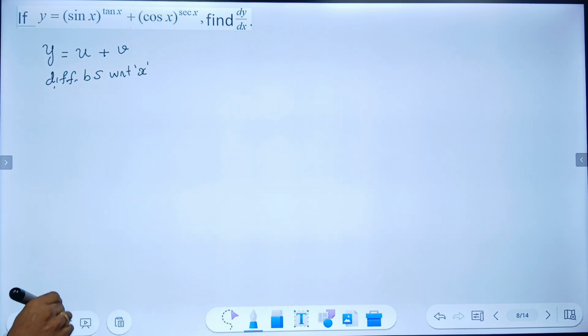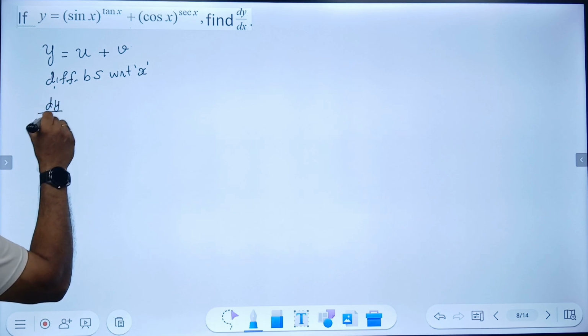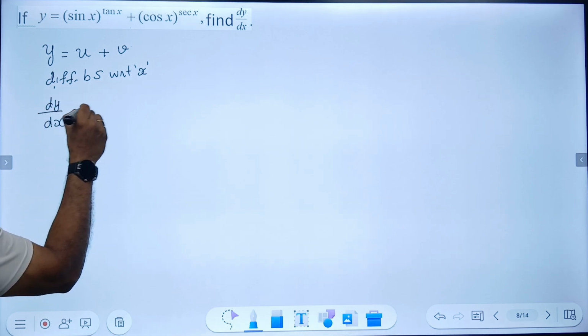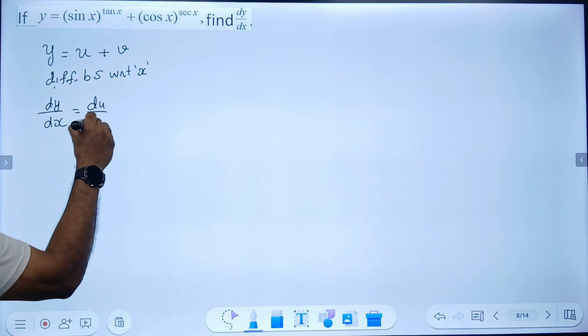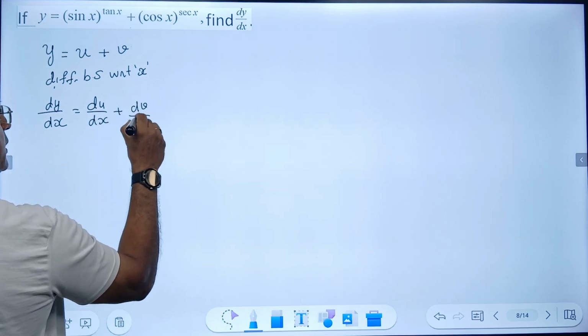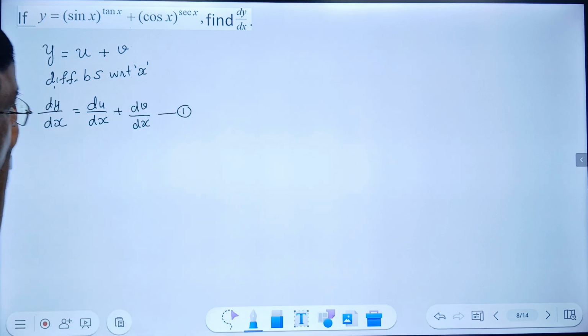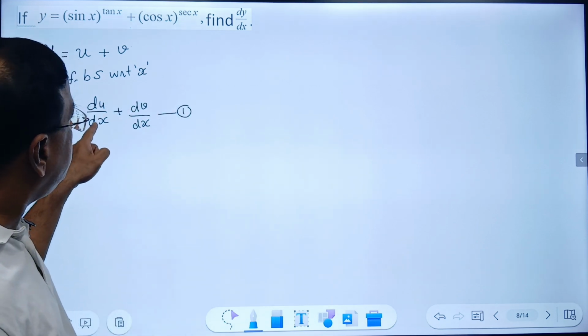What is differentiation of y? It will be dy by dx. Differentiation of u will be du by dx. Differentiation of v will be dv by dx. Call this as 1.